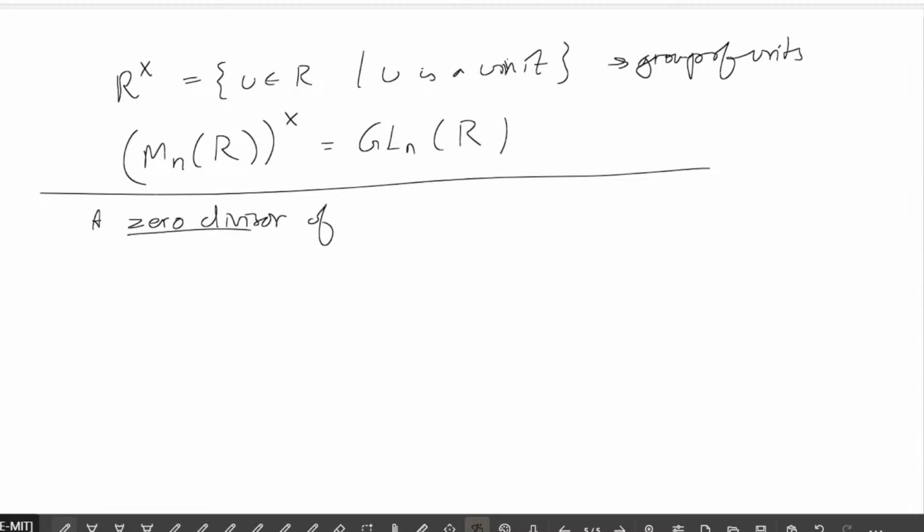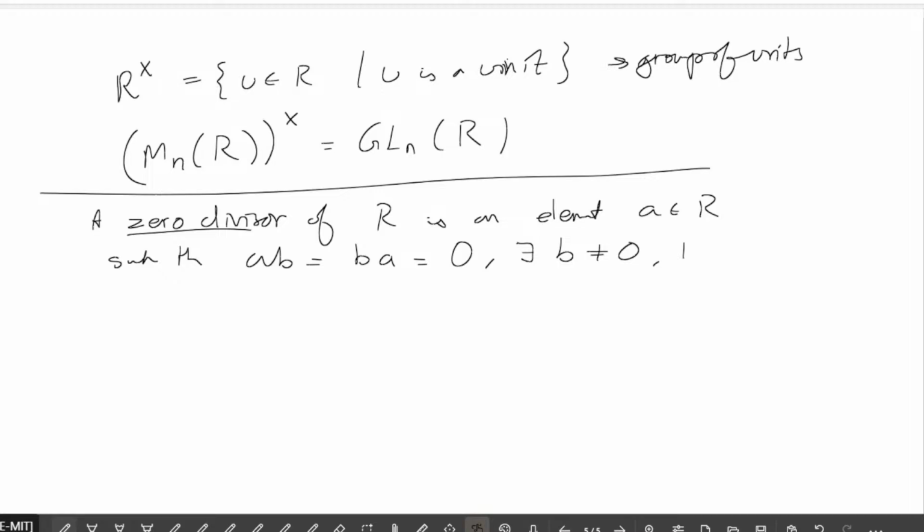Zero divisor, the language. An element A in R such that AB equals BA equals 0 for some non-zero element B. There are some conventions where A is also supposed to be non-zero, so you have to be careful.